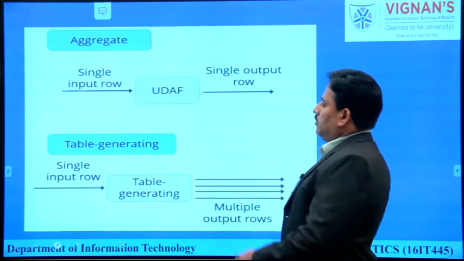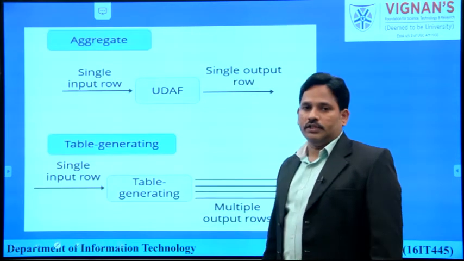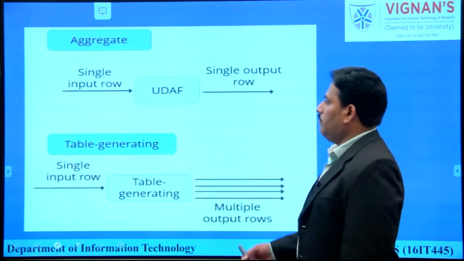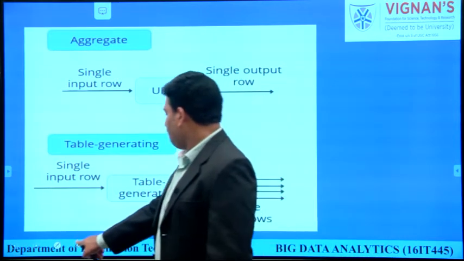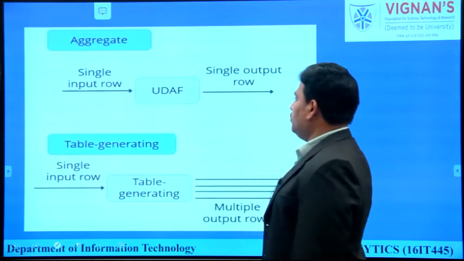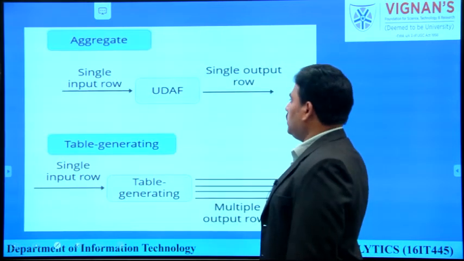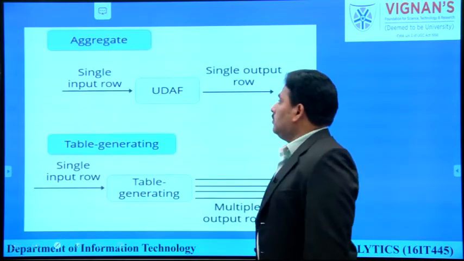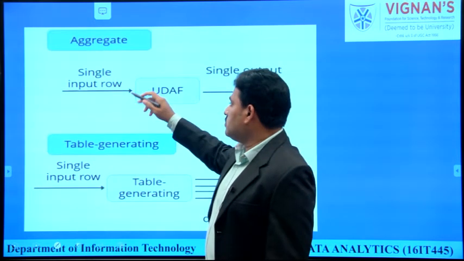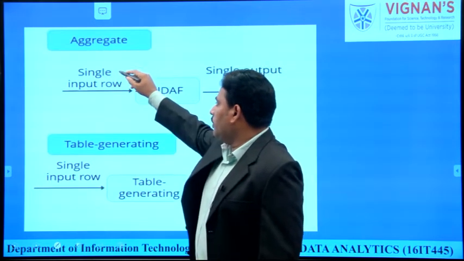Now these are the UDF and table generation, UDAF and UDTF aggregate functions. Now how will they work? See, in regular functions we use single input row, single output row. That means the function is going to be applied on each and every row.